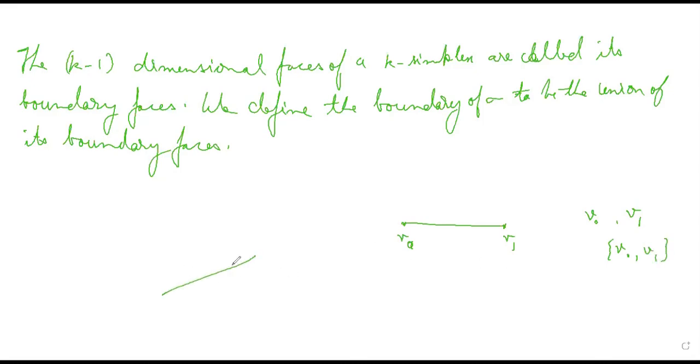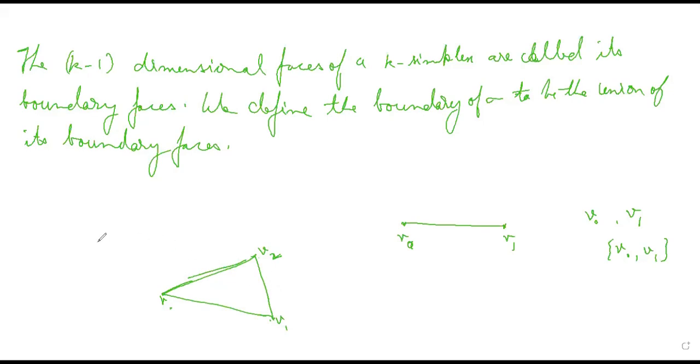Now if we take this simplex V0, V1, V2, which is a two-simplex, its boundary faces will be its one-dimensional faces. These are this one, this one and this one, and their union will be this. So this is the boundary of this two-simplex.